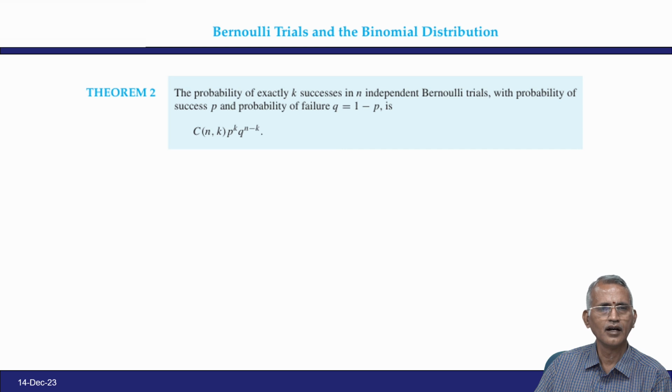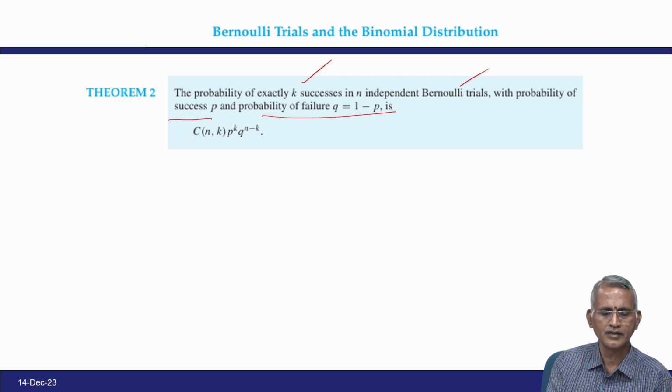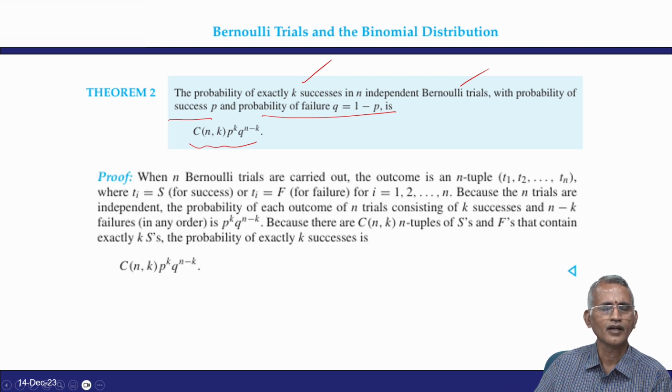Next, already we discussed the Bernoulli trials and binomial distribution, and once again we recollect it. The probability of exactly k successes in n independent Bernoulli trials with the probability of success p and probability of failure q equal to 1 minus p is nCk into p power k into q power n minus k. Then the proof is, the n Bernoulli trials are carried out.